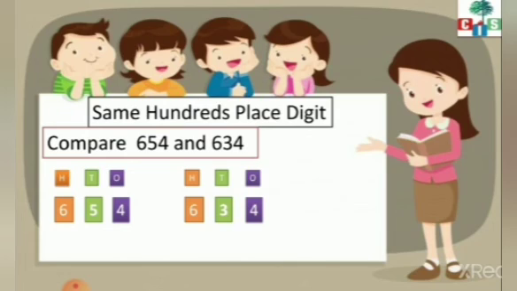Now let's look at the hundreds column first. So here is the hundreds place value. Here it is 6 and here also it is 6. In both the numbers at hundreds place, the numbers are the same. So now I will compare the tens column. So here it is 5 and here it is 3. So which number is greater? This one, right? So that is 654 is greater than 634. Now let's move to the next slide.